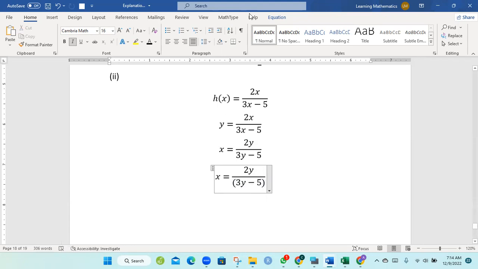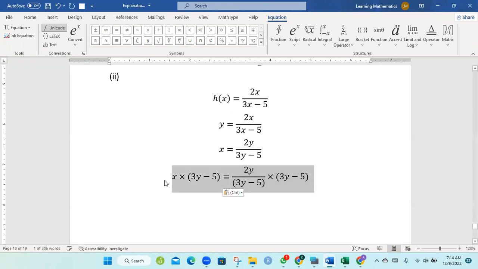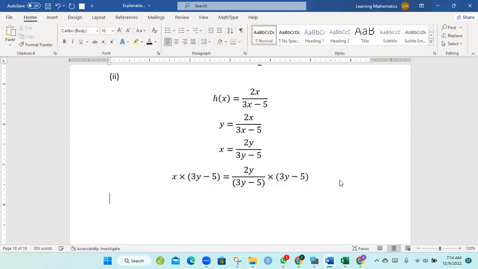To cancel it out, multiply by 3y minus 5 on the right, and we have to multiply by 3y minus 5 on the left. So the 3y minus 5 cancels out, and what we are left with now is x outside of 3y minus 5 equals y.